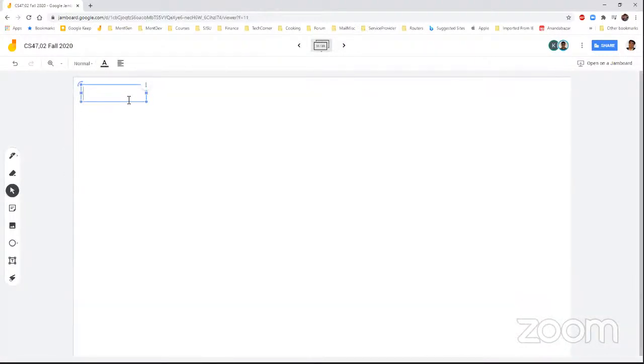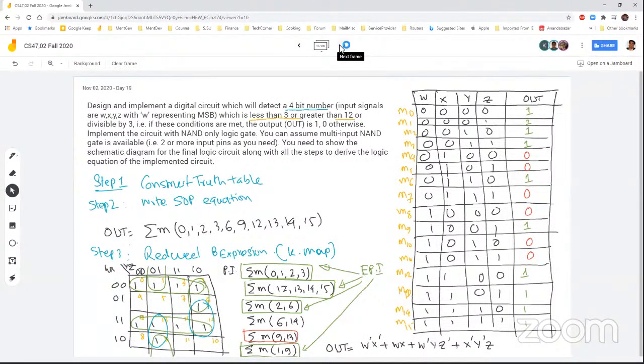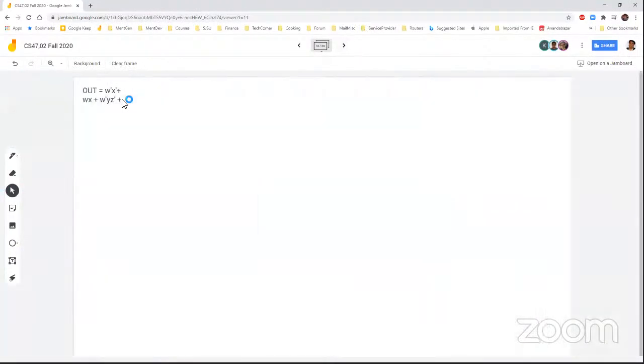I have out equals so far W bar X bar or WX or W bar Y Z bar or X bar Y bar Z, right? This was our equation.